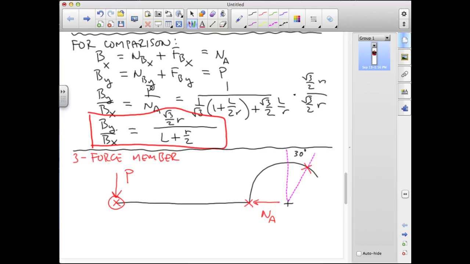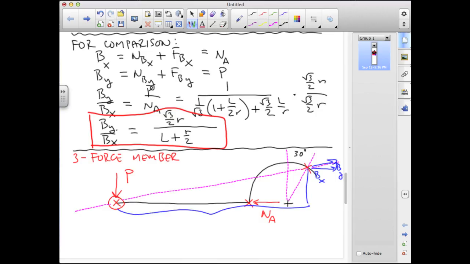and without doing any equilibrium solution, just recognizing this as a three-force member, what I can say is that the line of action that goes through B now will have to also go through that point. And that means that the line of action of B has to lie along this line. So that tells me that B looks like this. And what is the relative size of BY and BX? It's the same rise over run I get from this. And what is that rise over run?